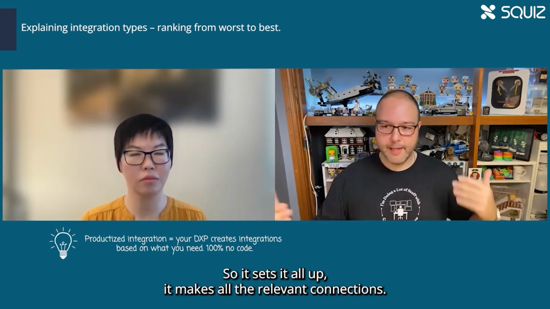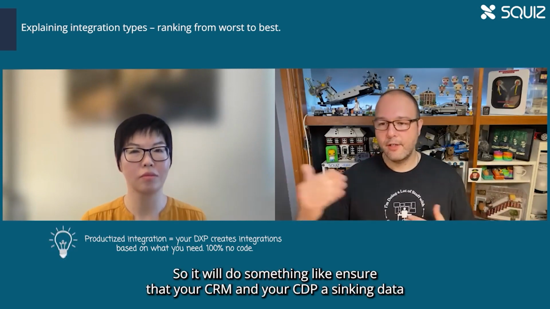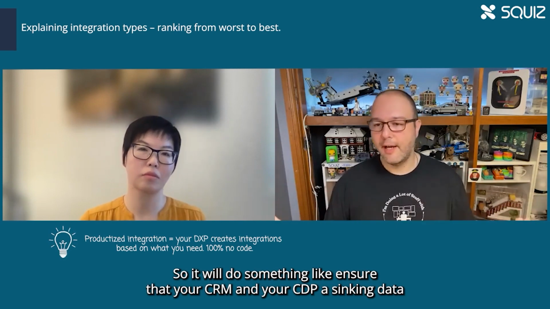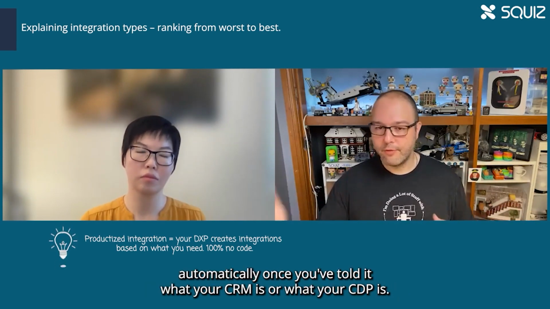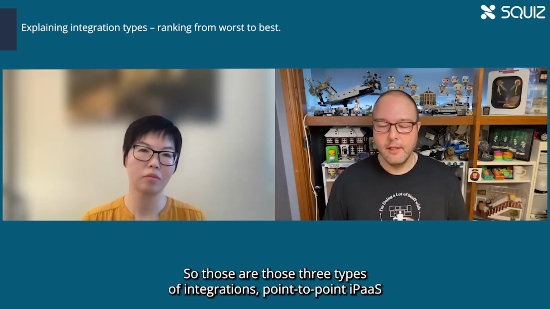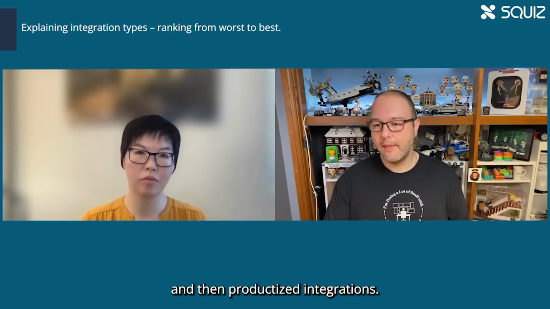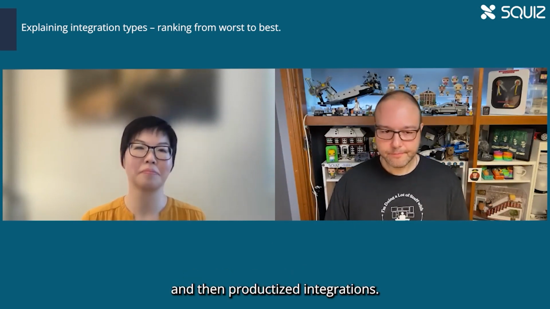It sets it all up, it makes all the relevant connections. So it will do something like ensure that your CRM and your CDP are syncing data automatically once you've told it what your CRM is or what your CDP is. So those are the three types of integrations: point-to-point, iPaaS, and then productized integrations.